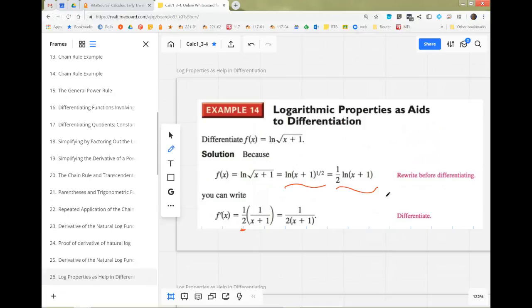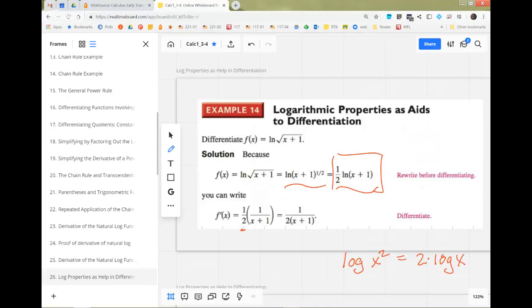When you take the log of x squared, how do you do that? The log law says that's 2 times the log of x. There's no calculus there. That's just algebra. That's a log law. So what I did in the box right here is just apply the log law.